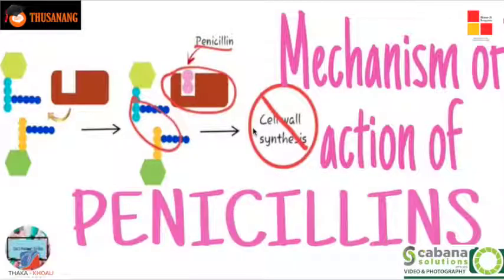This meant the fungi produced a certain substance as a metabolite that inhibits the multiplication of bacteria. Therefore, this penicillin was extracted from the Penicillium fungus.